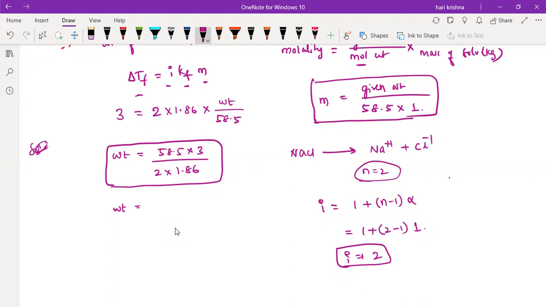What is the answer? One 163. Wait a minute. Check it once again.